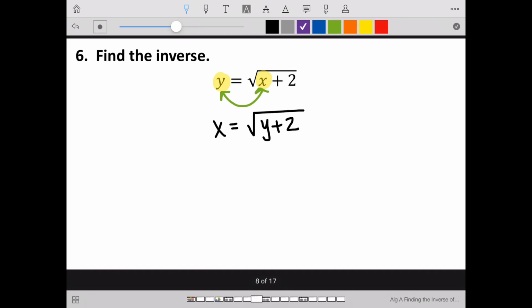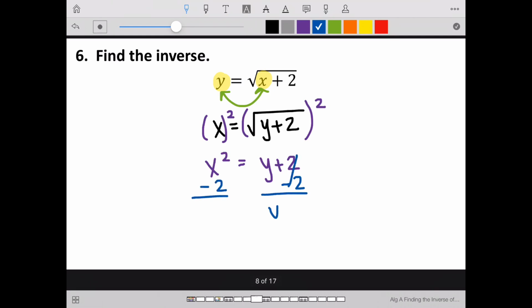So the opposite of square root is to square. So x squared equals y plus 2. And now I can subtract 2 from both sides. So y equals x squared minus 2.